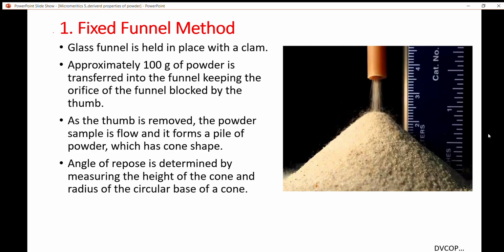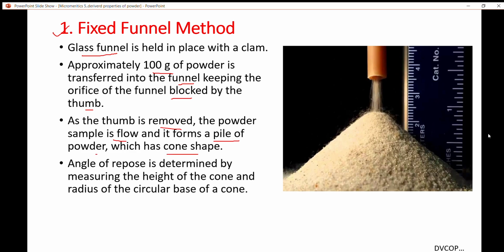The first method for determination of angle of repose is the fixed funnel method. In this method, a glass funnel is fixed on a burette stand and then approximately 100 grams of powder is transferred into the funnel, keeping the orifice of the funnel blocked by the thumb. As the thumb is removed, the powder sample flows and forms a cone-shaped pile of powder.